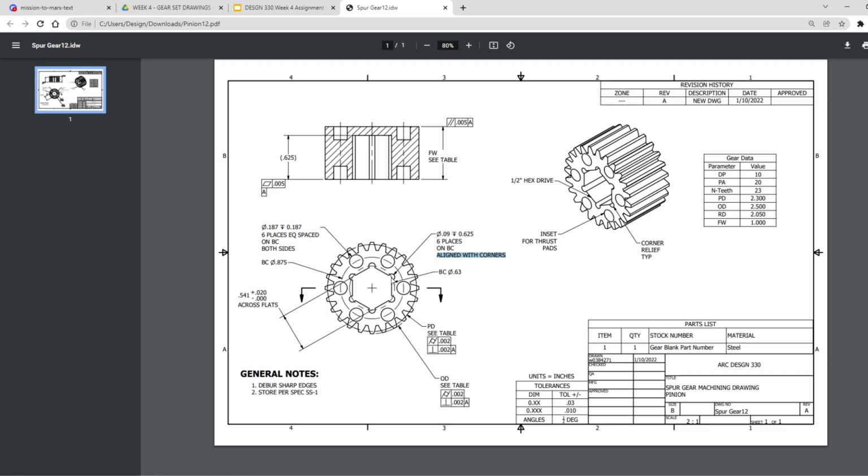And right on that very corner, I'm going to put a diameter 0.09 by 0.625 deep. So on every corner, I'm going to do that. So there's some cool things to think about and see and understand. Don't need too much understanding yet, but you should see the look of it and make sure everything is in there.